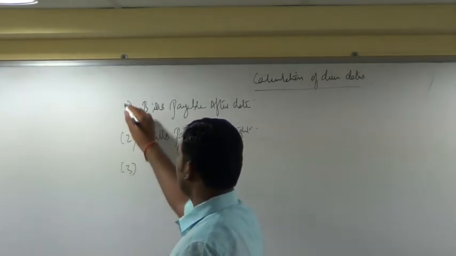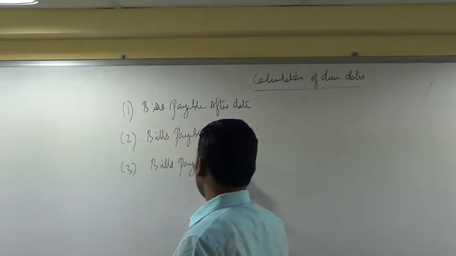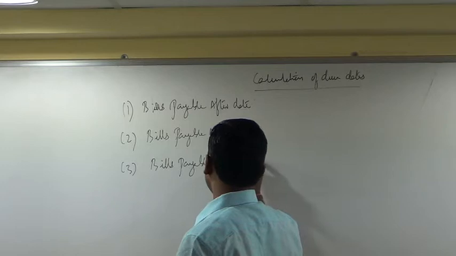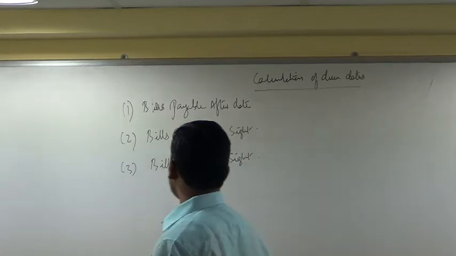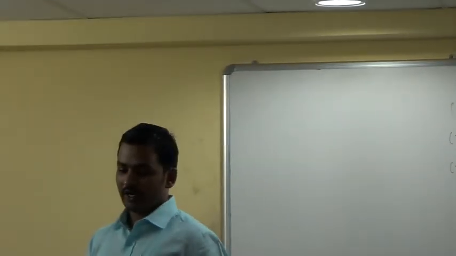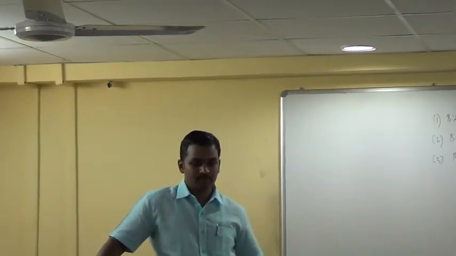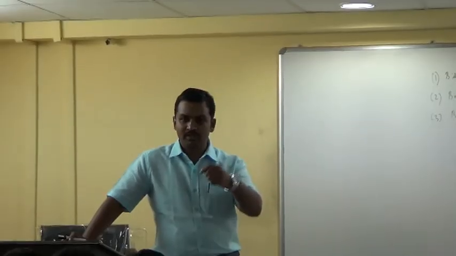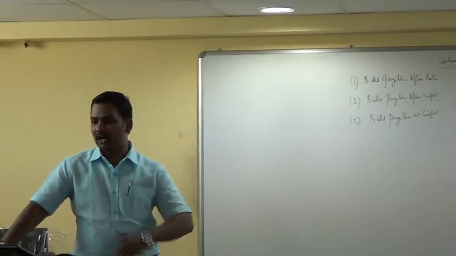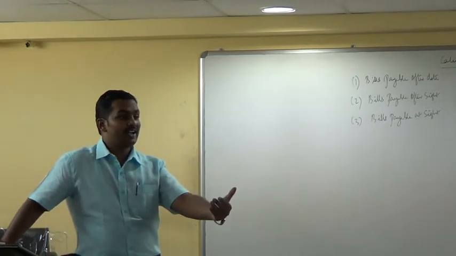Third method, bills payable at sight. Bills payable after date, bills payable after sight, and bills payable at sight. So there are three ways in which the bills can be drawn.